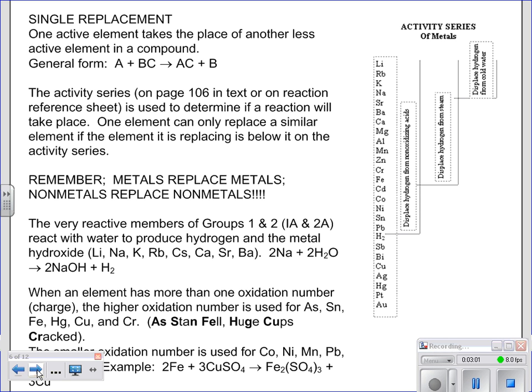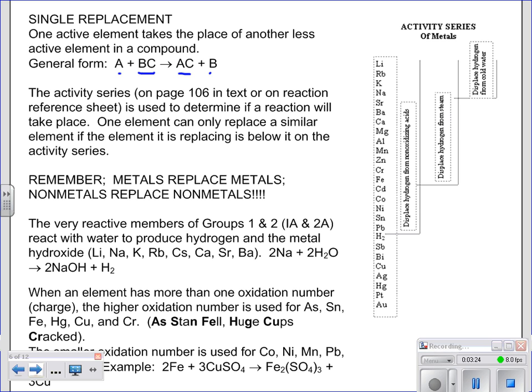Single replacement has all sorts of rules attached to it. And remember, you're going to identify a single replacement reaction because you have a compound and a single element comes along and replaces one of the elements from this compound, and the other guy becomes a singleton out there. The first thing that you're going to want to do is identify that it's a single replacement reaction.